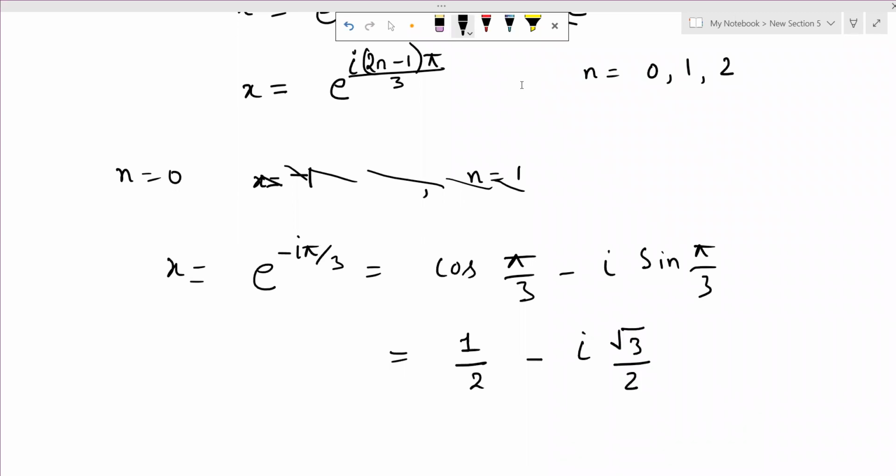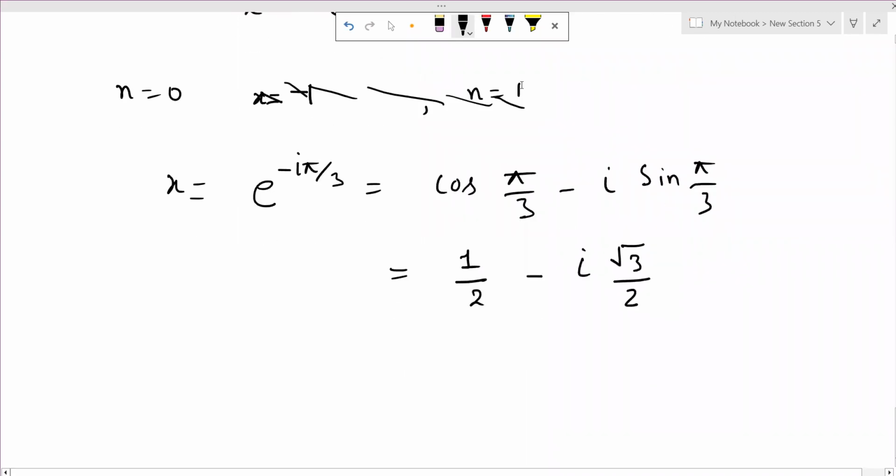Similarly, you can check other things. So when n is equal to 1, 2n minus 1 gives 1, so x is equal to e to the power i pi by 3, right? So what is this? Cos pi by 3 plus i sin pi by 3. Basically, that will be 1 by 2 plus iota root 3 by 2.